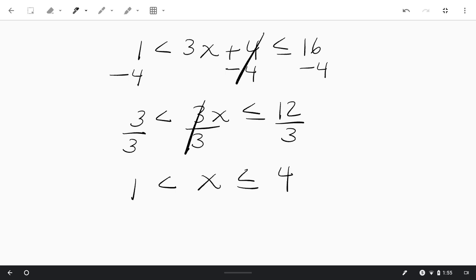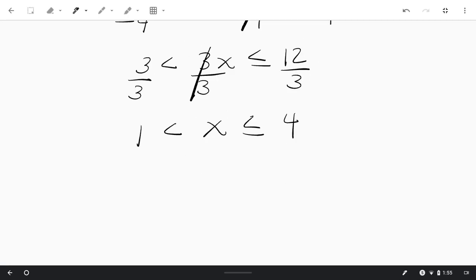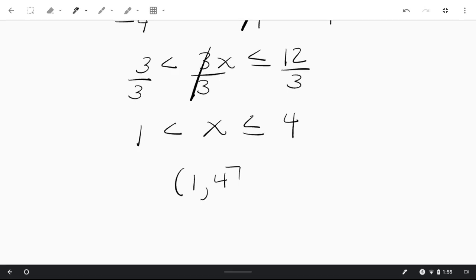That's one way to write it. If you're going to use interval notation, this is saying x is between 1 and 4 but does not include 1. So 1 will get a parenthesis, and the 4 will get a bracket.